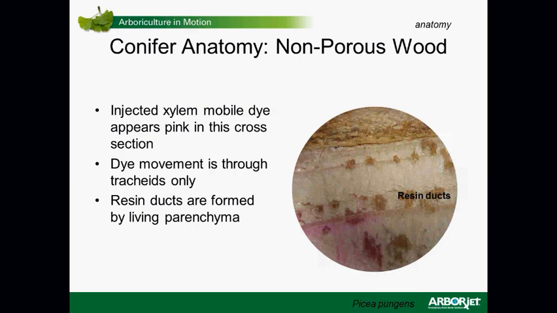More so when you see the amber-colored areas in this slide. Those are resin ducts, which are living parenchyma cells that get together and manufacture resin, and that is one of the natural defense mechanisms in some conifers.